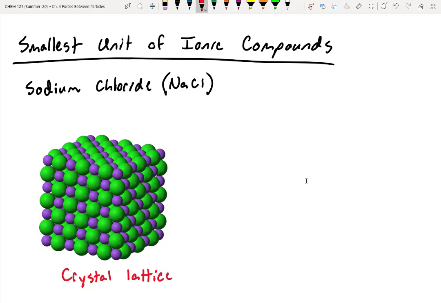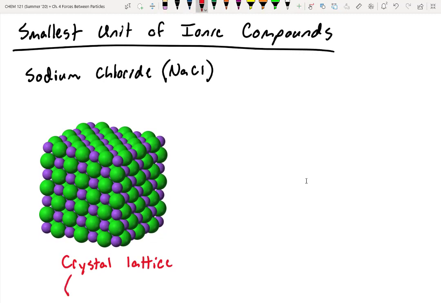Really all a crystal lattice is, is a 3D network of anions and cations, and they stack in this big brick, right?